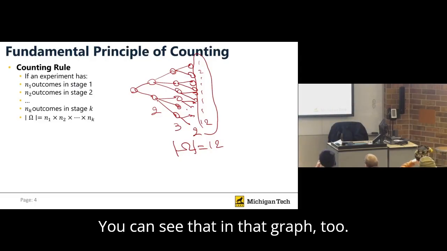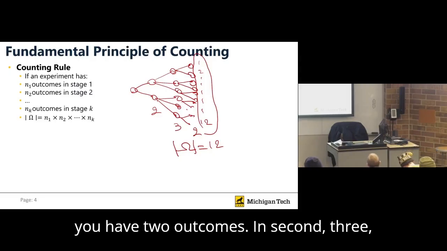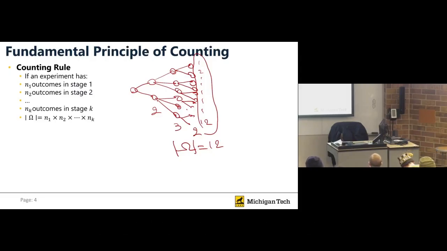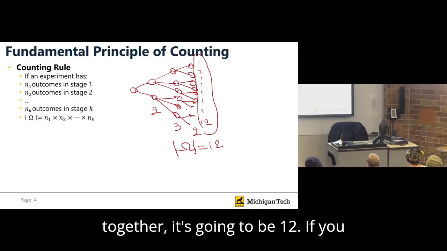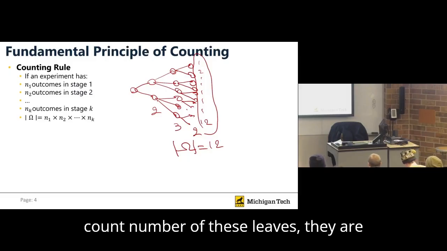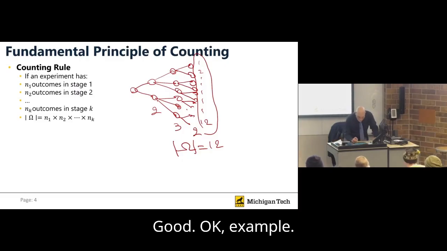You can see that in that graph too. In first step, you have 2 outcomes. In second, 3, and the last 2. If you multiply them together, it's going to be 12. If you count number of these leaves, they are 12. Good.